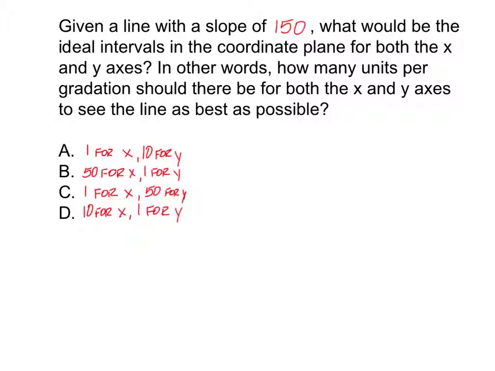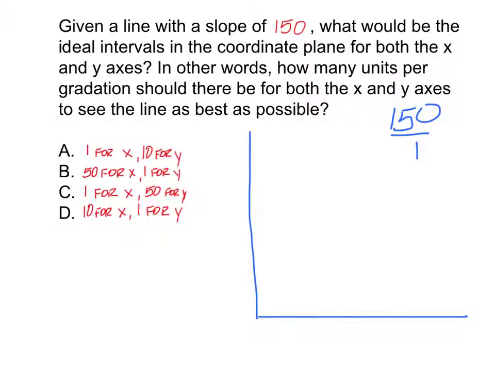So remember, when you do slope, here's your y-axis and x-axis, and if we have a 150 over 1, you're measuring the 150 on the y and the 1 on the x. You're just making one movement to the right on the x, but 150 up on the y-axis.